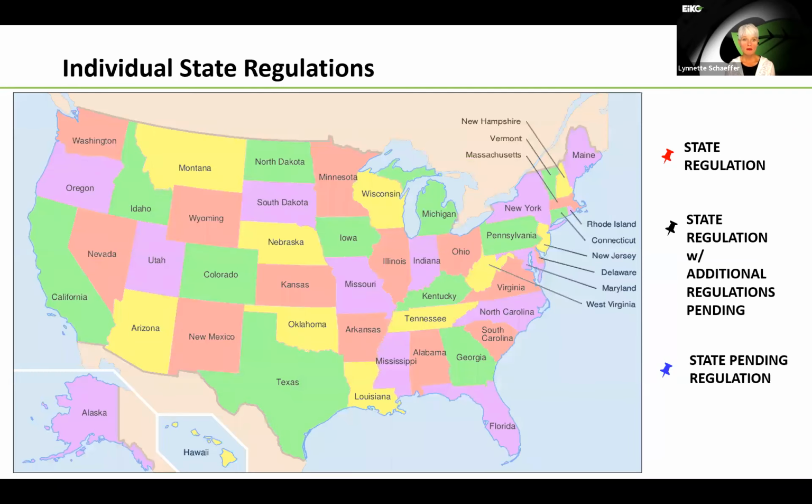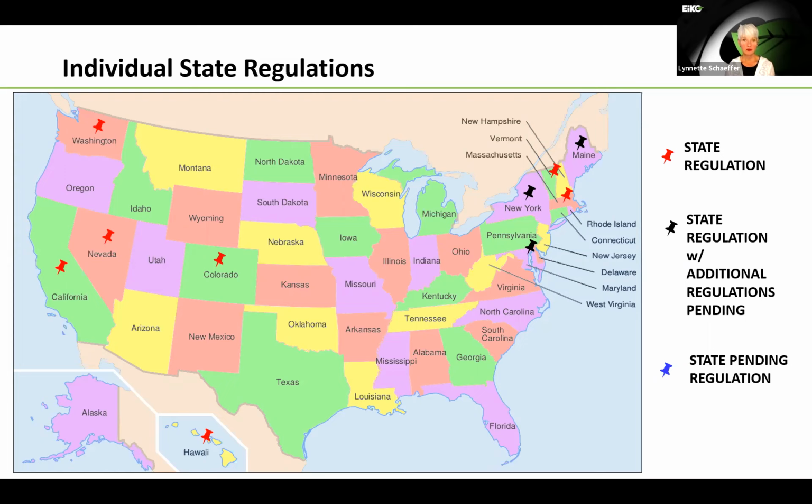Now, the last thing I wanted to mention is that it's important to understand that some states have their own regulations or have their own pending regulations. Now, states with their own state regulations include California, Colorado, Hawaii, Massachusetts, Nevada, Vermont, and Washington. States that have their own regulations currently in effect, but we're seeing additional regulations pending in these states, so more rules are going to be coming, are Maine, Washington, D.C., and also New York.